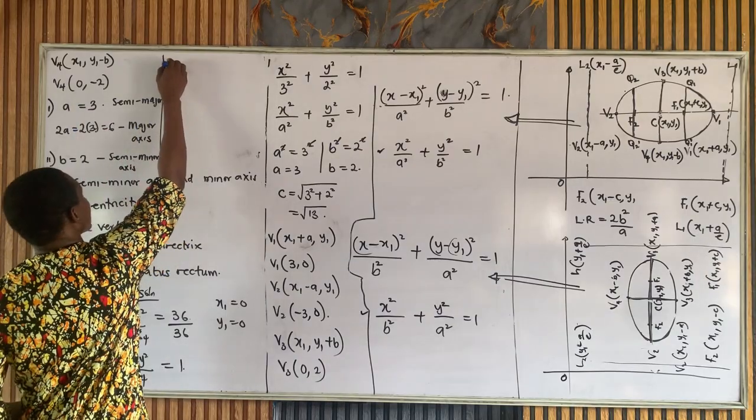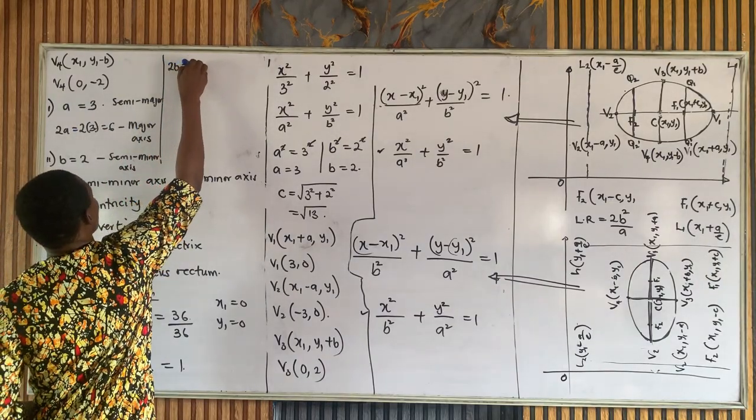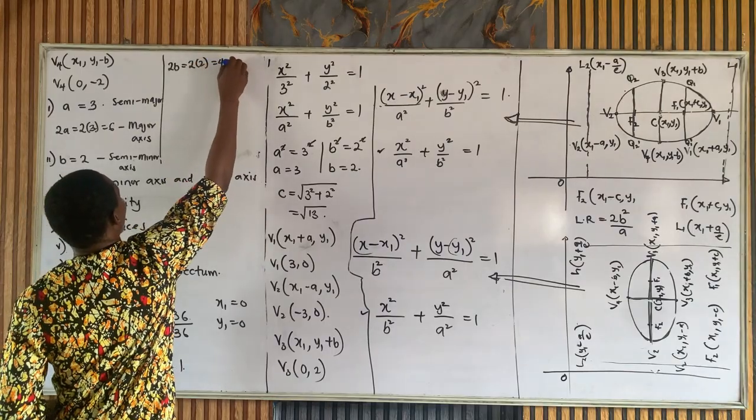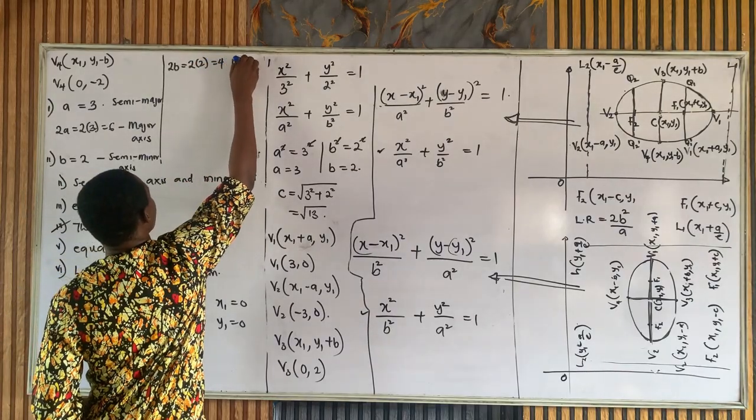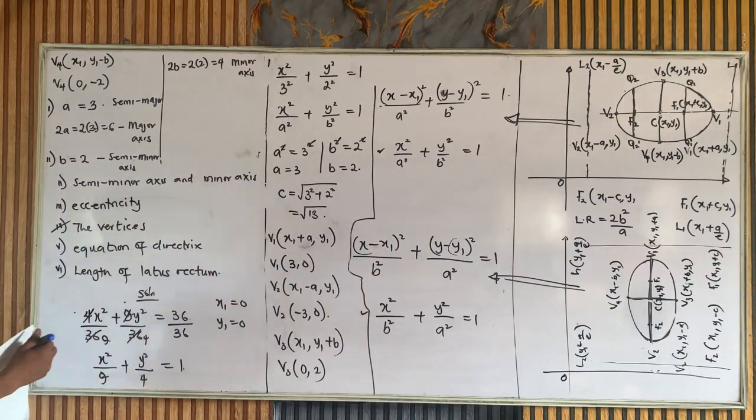And we can say that 2b, which is 2 times 2, which is 4, is our minor axis. And that's that about our major and minor axes.